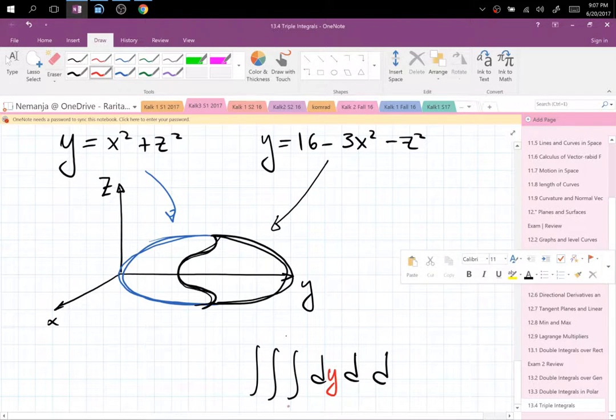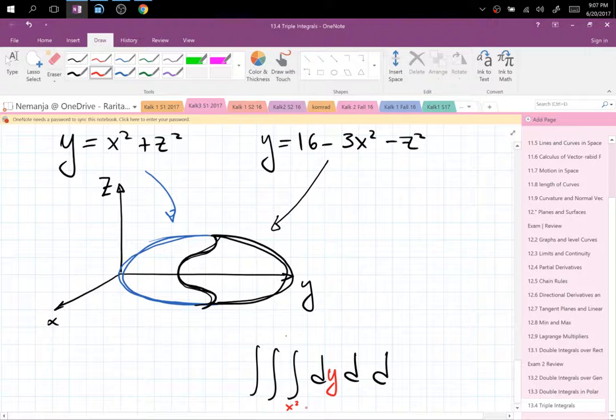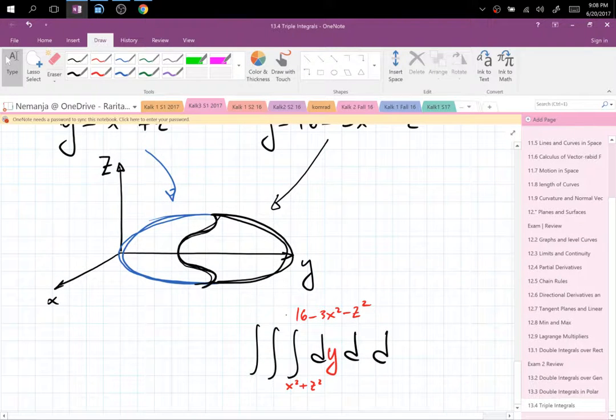And then you go close by, and then 16 minus 3x squared minus z squared there. And now you have a choice to put either xz or zx.